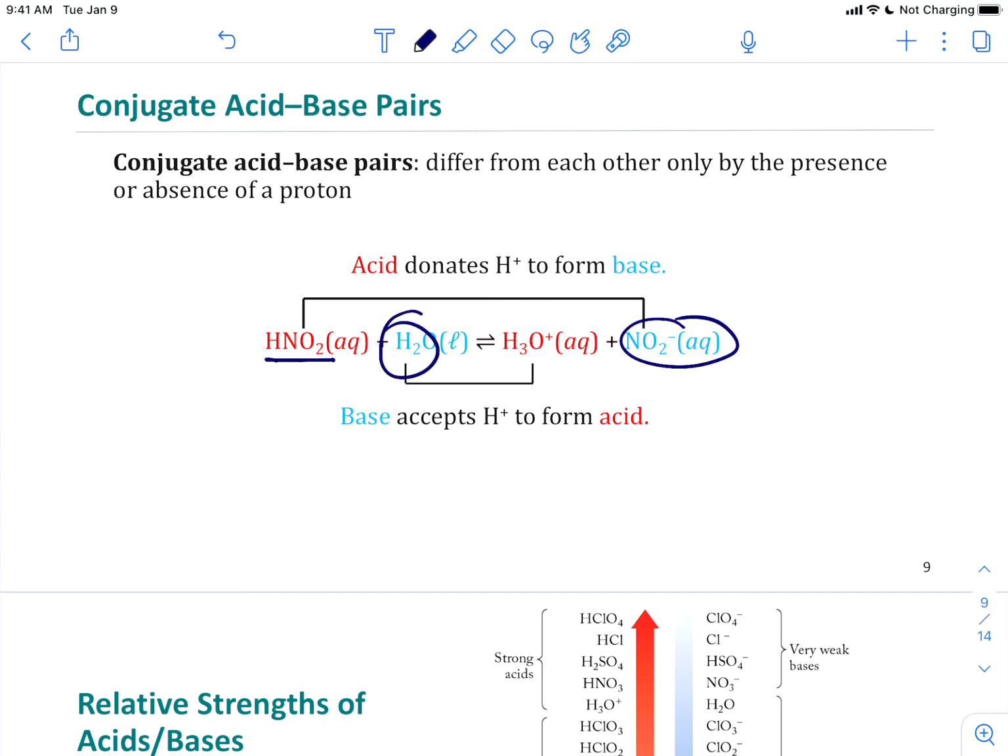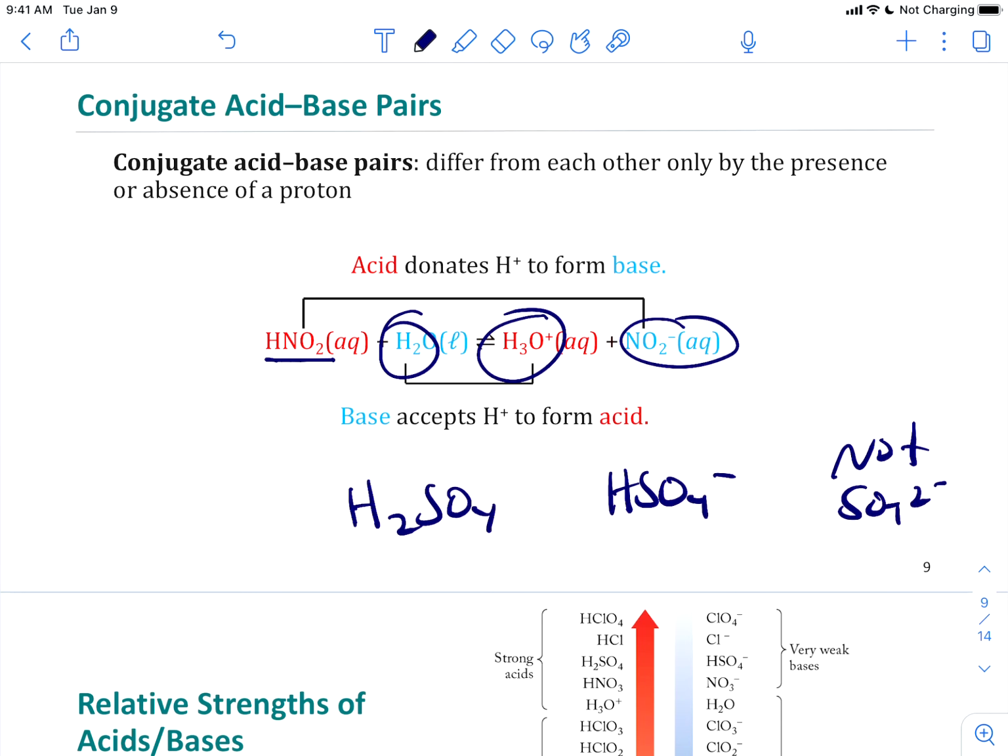This is the base, and this is its conjugate acid. They're always on opposite sides. That's pretty simple. You just got to memorize that. Okay? So the conjugate base for this is this, not this. Right? That's the conjugate base for this acid. Okay? That's all you really need to learn about conjugate acids and bases.